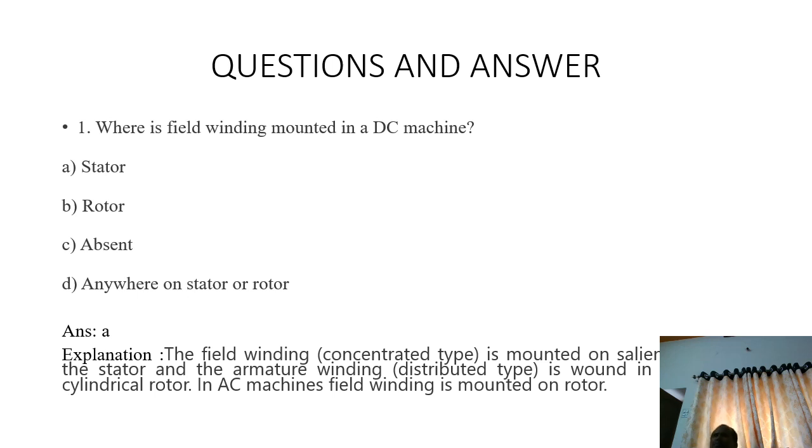Here in the construction, you are observing the uppermost part is the yoke, inside are poles, next armature, commutator segments, shaft, brushes. Everything we are observing in the construction of the DC generator.